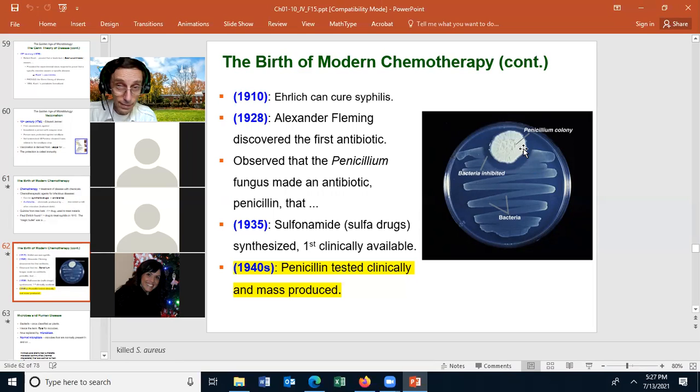But he noticed that there was a region near the fungus where the bacteria did not grow. And that zone of inhibition, Alexander Fleming correctly concluded, was something coming out of the mold colony and preventing the growth of the bacteria.